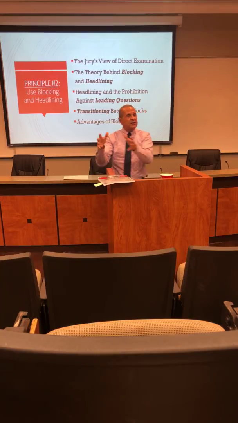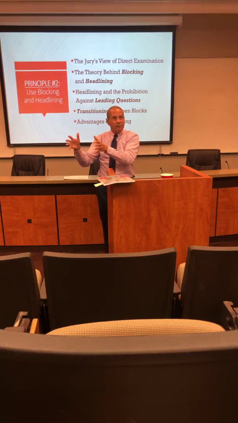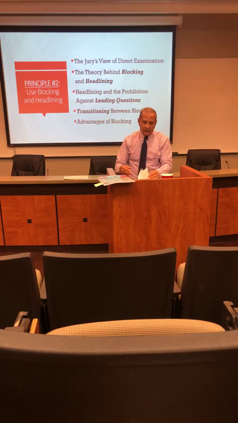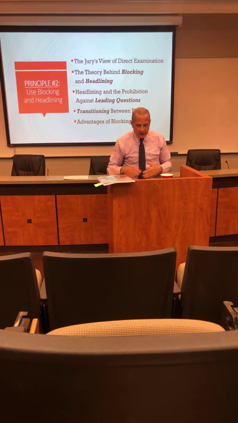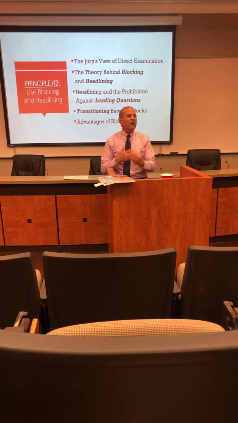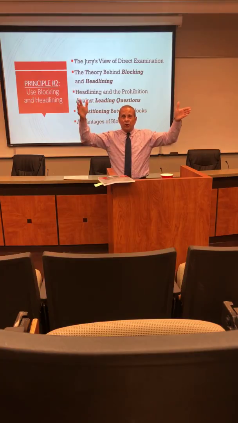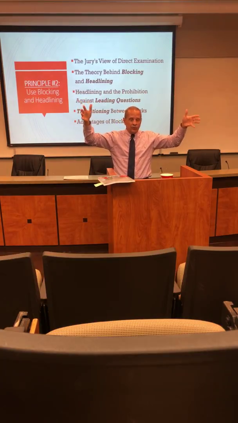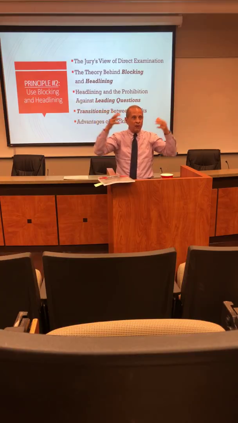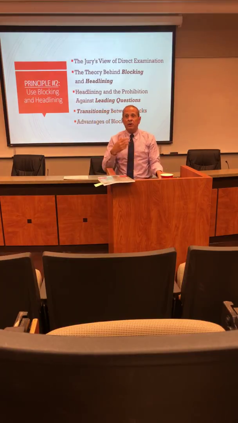And then the next block would be the action block, right? And then you would probably have some sort of summary block or opinion or characterization block at the end. So the testimony consists of those structured components where the jury knows exactly what you're going to be talking about.